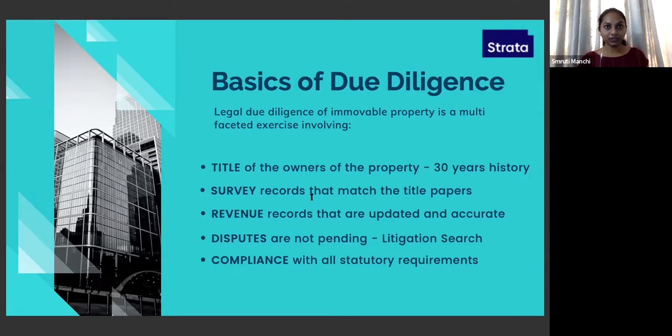Compliance is one more thing that becomes very important when you're looking at constructed properties. When you're going to purchase under construction or completed constructed properties, it's very important that the building be compliant with the statutory requirements and the regulations of that particular planning zone, authority, etc. If BBMP has not given you an OC, it would mean that you were not compliant with the regulations, with the setbacks, if there were deviations, etc. Those are some of the reasons why you wouldn't get an OC.